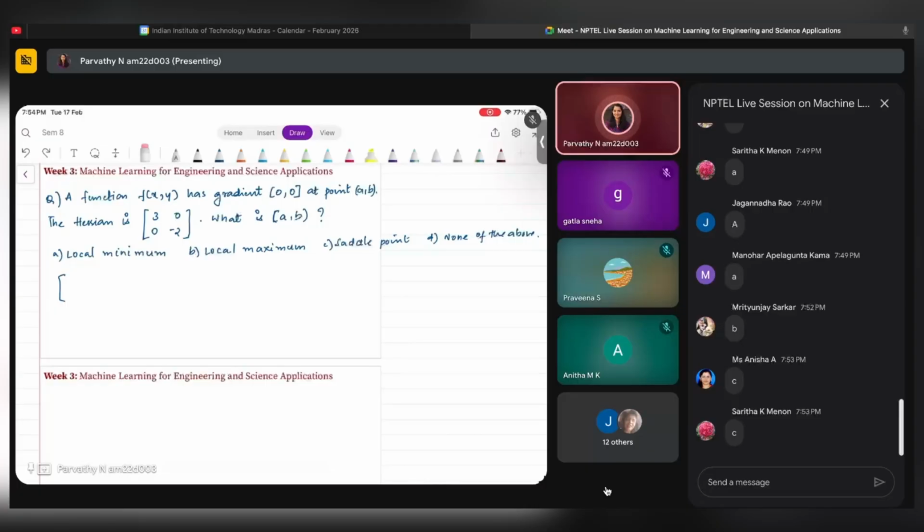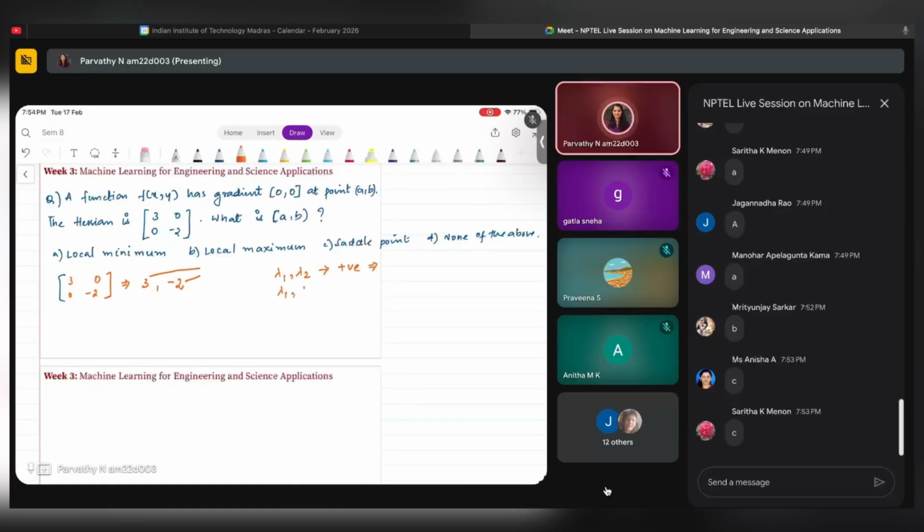So only the diagonal elements have non-zero values. So for this 3, 0, 0, minus 2, the eigenvalues are the diagonal elements. So the eigenvalues will be 3 and minus 2. And you can see here that it's neither. If both eigenvalues lambda 1, lambda 2 are positive, then we say it is a local minimum.